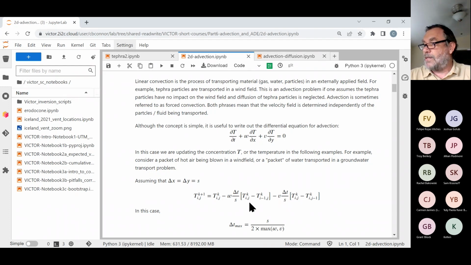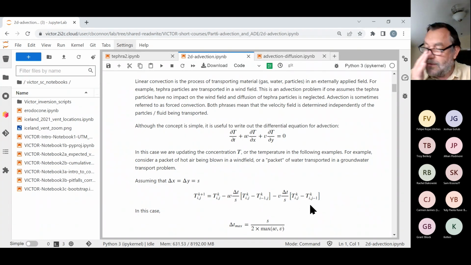You can see these are the components around that point, at i and i minus 1 and j minus 1. This term, W dt/dx, is expressed here, and this term, V dt/dy, is expressed here.